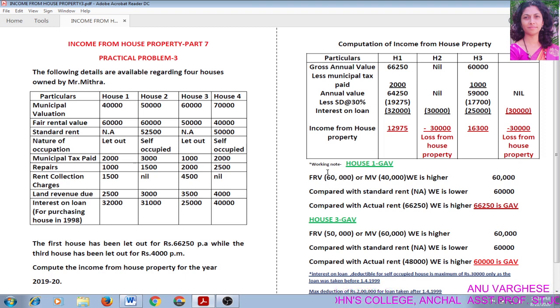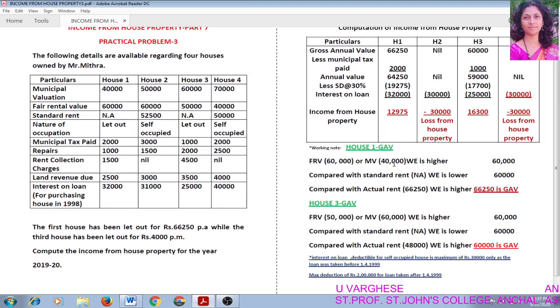For that, please write a working note and compute gross annual value. First step is you have to compare fair rental value with municipal value, whichever is higher. Fair rental value is 60,000, municipal value is 40,000. So whichever is higher is rupees 60,000.